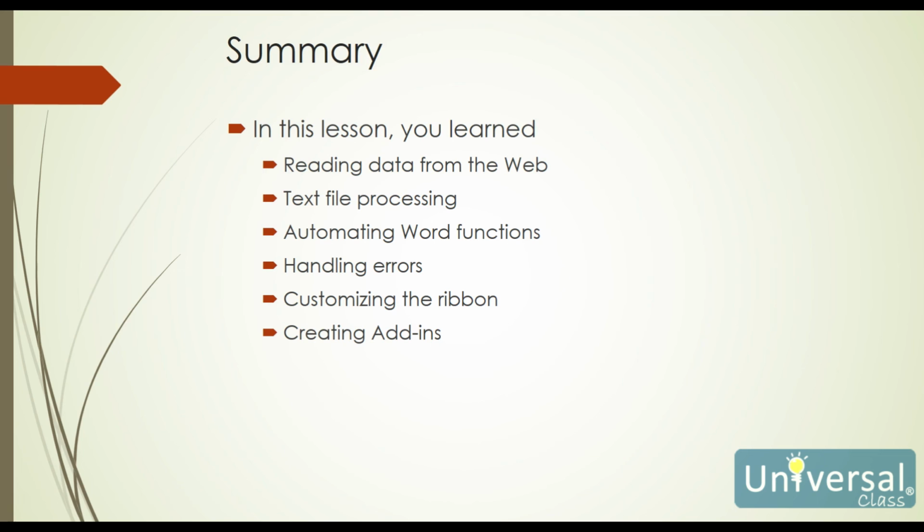Just be aware that they all have different object models. We are able to handle errors by using On Error GoTo and then whatever the label name is. We're able to customize the ribbon through VBA, and it is possible to create add-ins that can be manipulated with VBA or through the add-in manager.